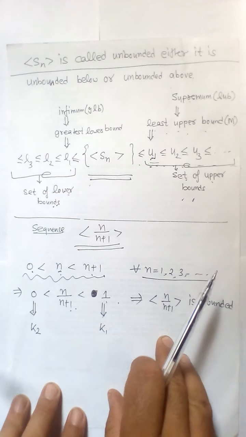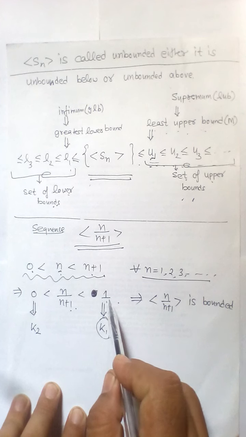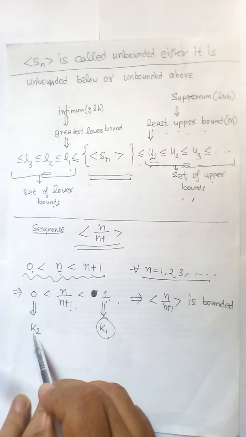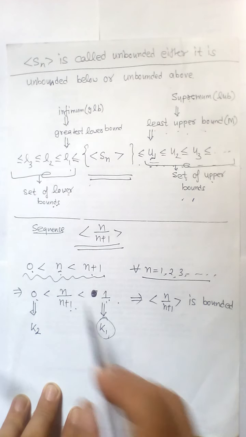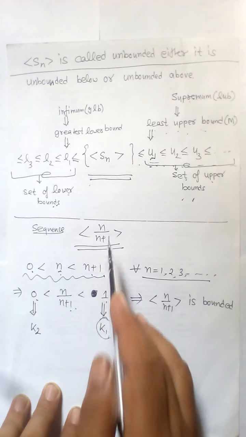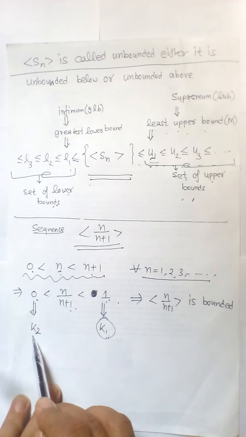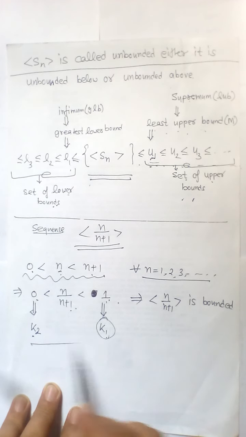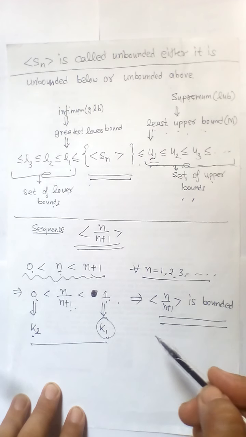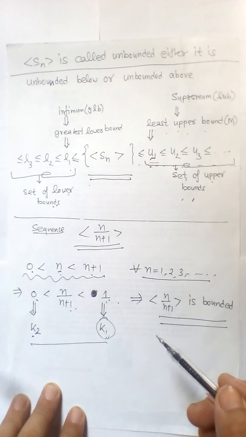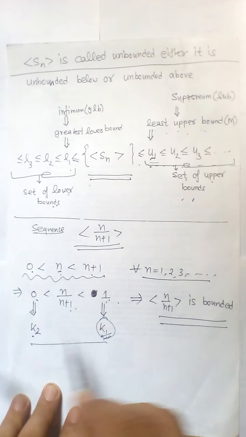So I have found k1, which is an upper bound, and I can define k2, which is a lower bound. So in this question I have calculated the upper bound and lower bound, so I can say that this is bounded. This means if in a certain question you have to prove that the sequence is bounded, you have to search for k1 and k2.